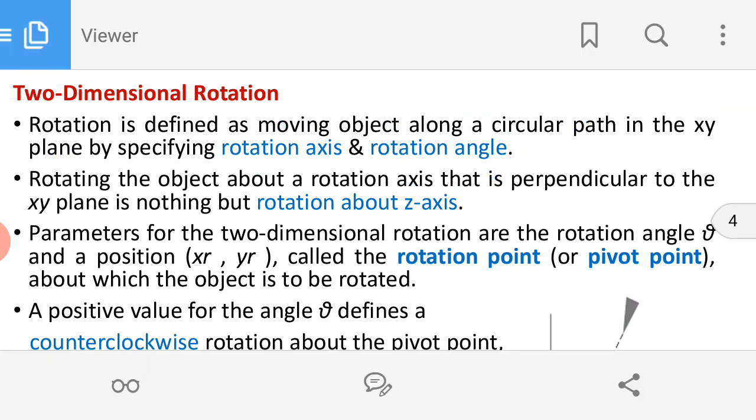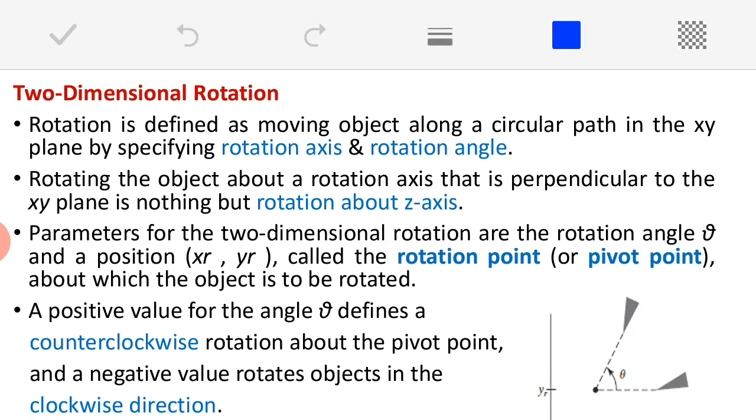And the second point regarding rotation, look at here: rotating the object about the rotation axis that is perpendicular to the xy plane. Why did we take this point? Because we are discussing two dimensions here. Is it clear? All of you imagine right now you are holding your mobile in your hand.